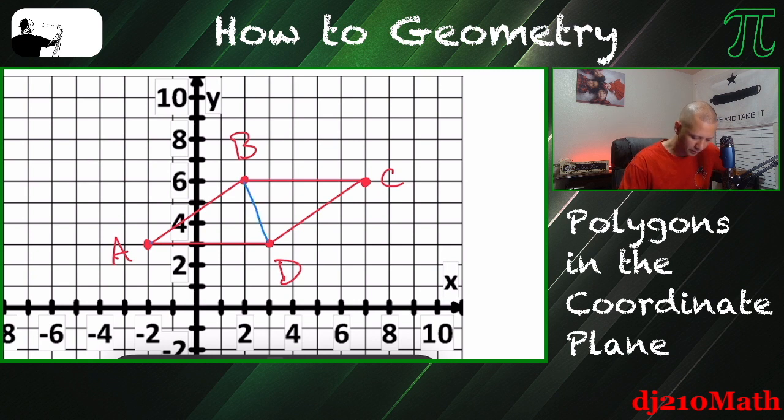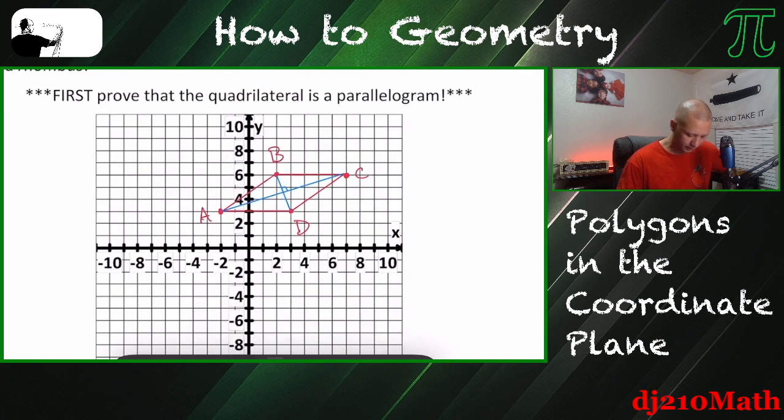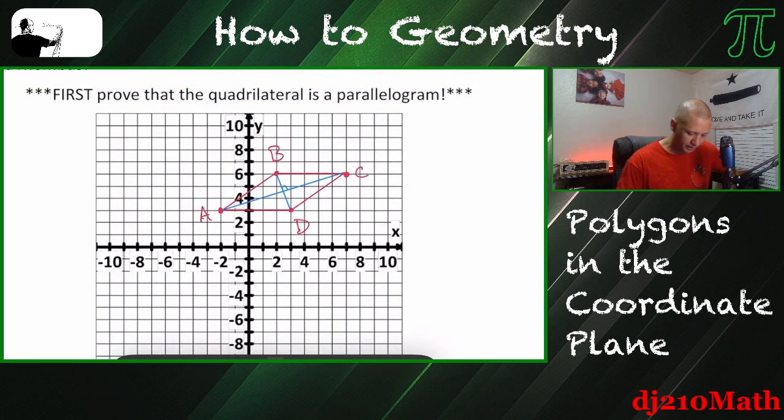So BD and AC, we want to show that they meet at a right angle. So let's count the slopes. Let's start with BD.